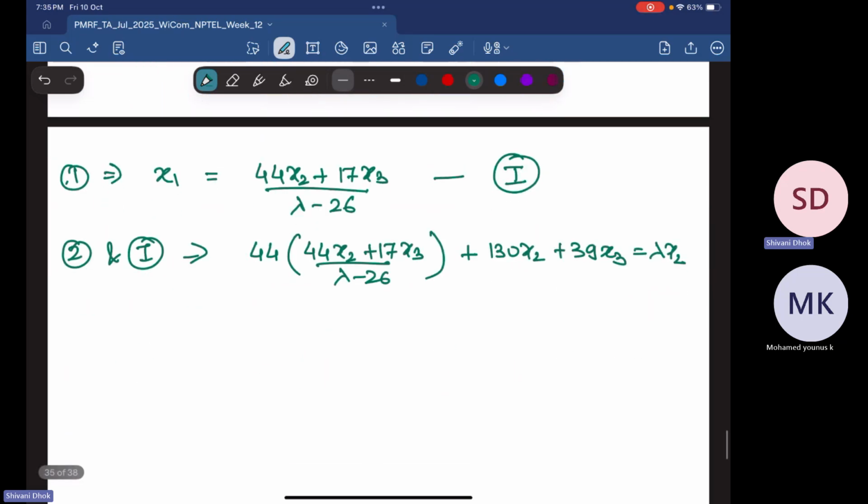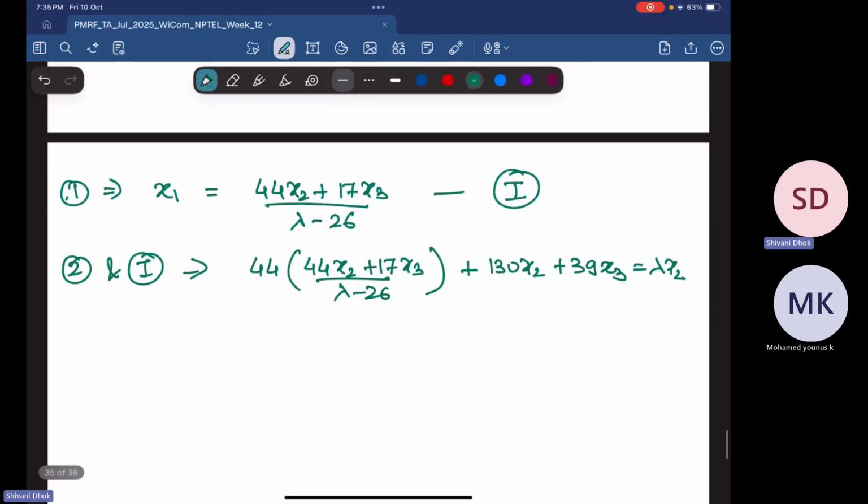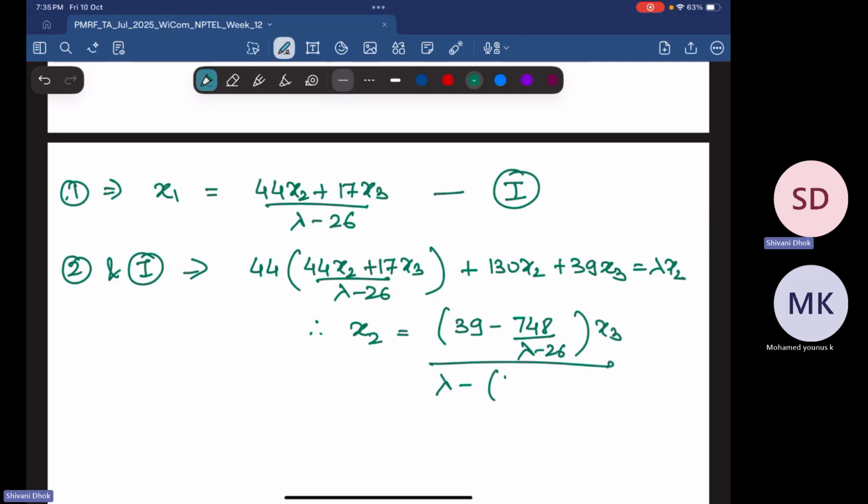Now I'll represent x2 in terms of x3. If I simplify, this will give me 39 minus 748 upon lambda minus 26, times x3, divided by lambda minus 1936 upon lambda minus 26 plus 130. So this is the second equation.